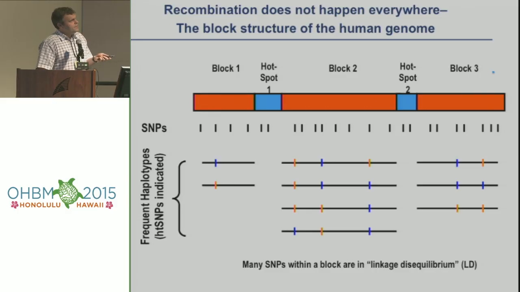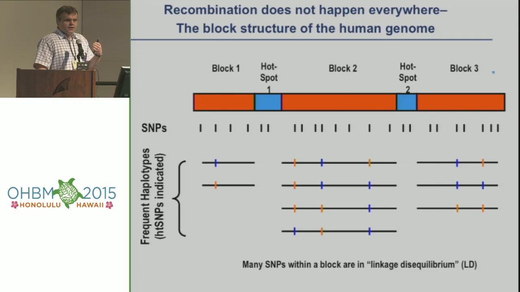And then you have the recombinational hotspots, like here, where all the recombinations occur. And that has consequences, because you can say within a block, the combinations of SNP alleles that you have are maintained across many generations. So they form certain haplotypes.